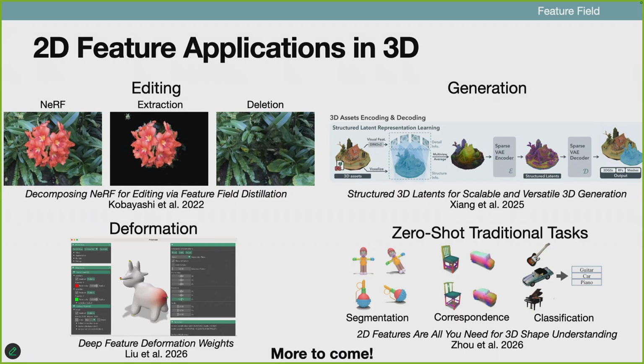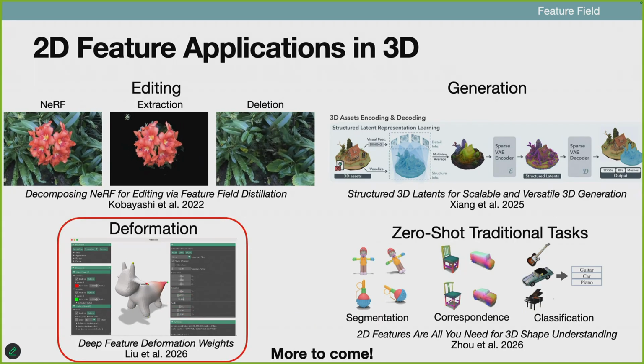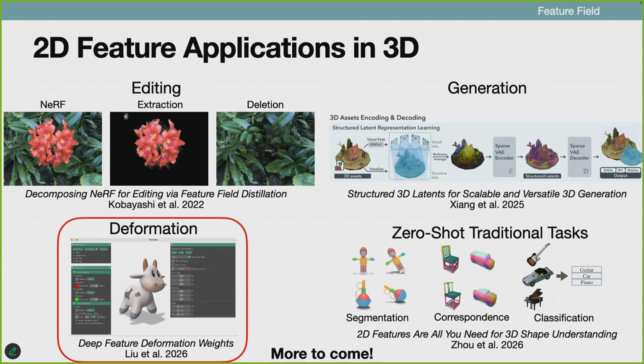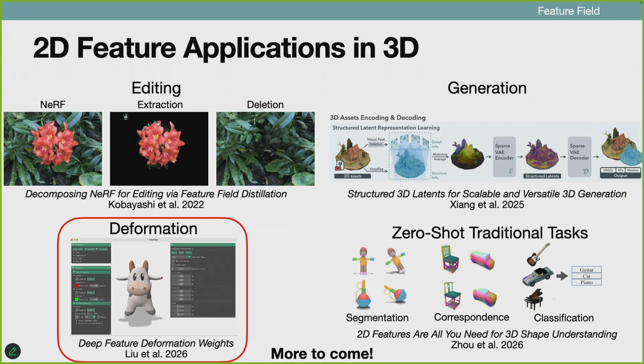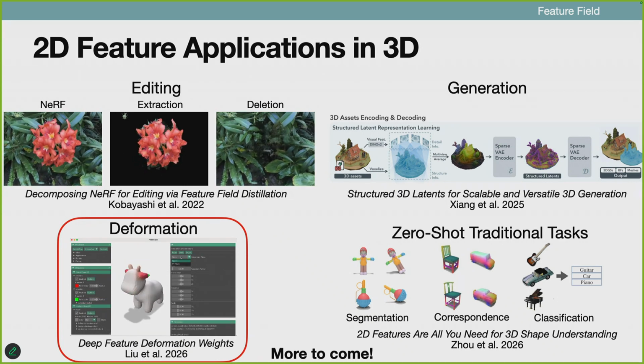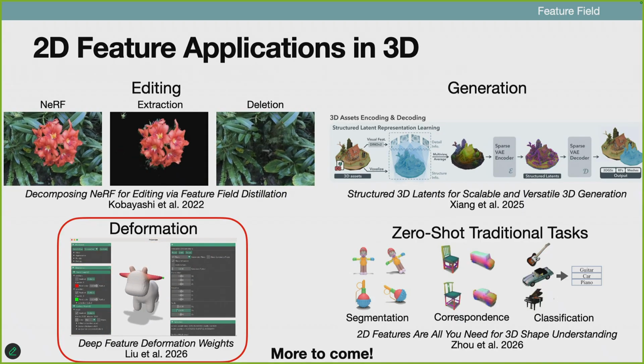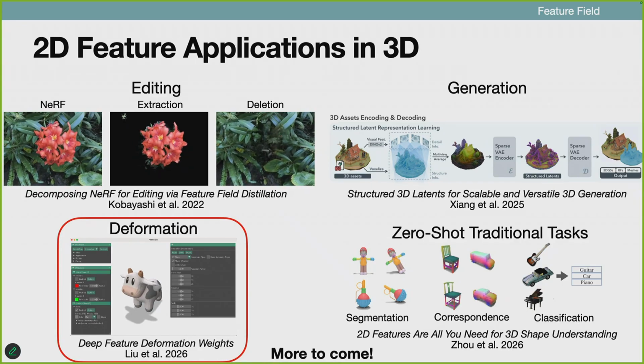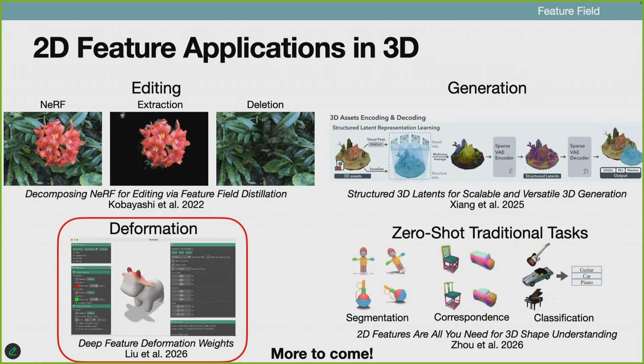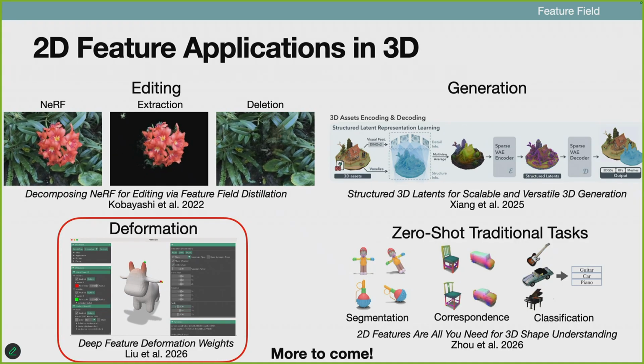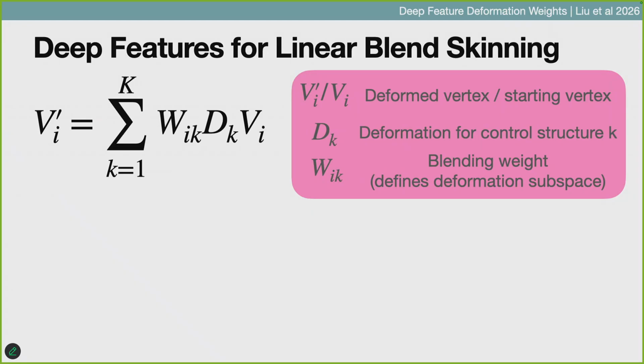And surely there will be more to come as vision models become more powerful. But for now, I want to drill in a little bit into this deformation application. It's my paper, so I'm biased, but also because I think it involves a relatively unintuitive application of image features with some surprising consequences. So let's take a look.